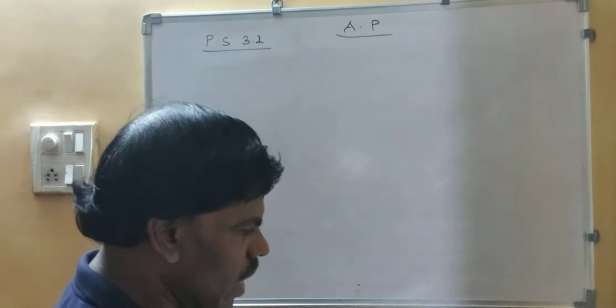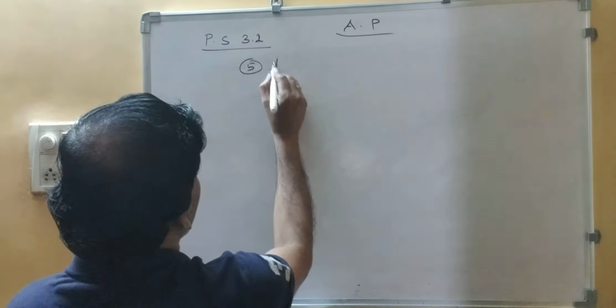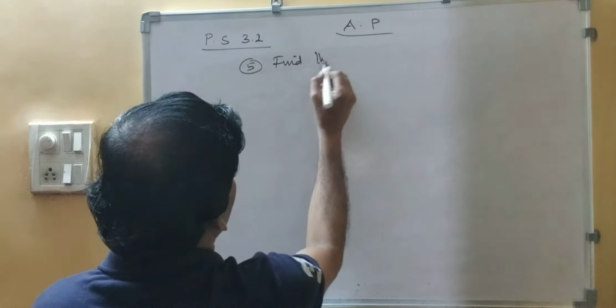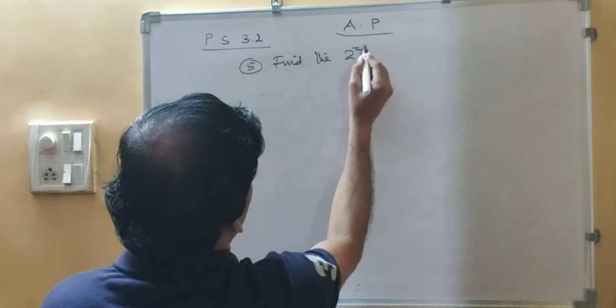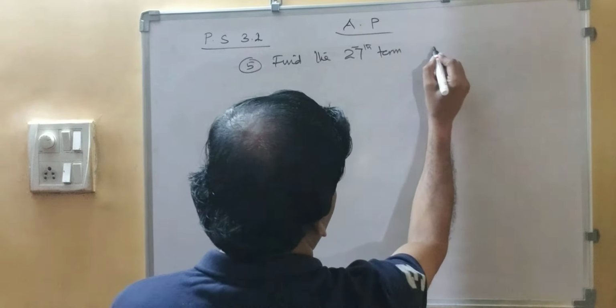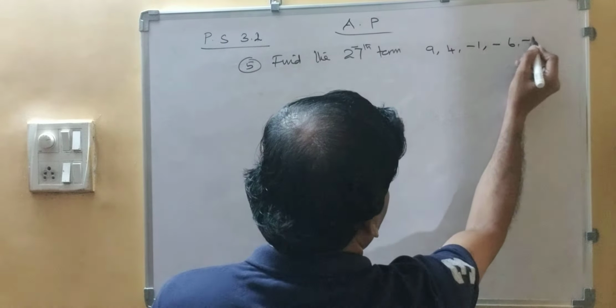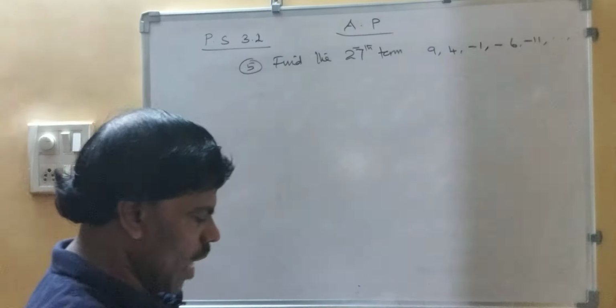Find the 27th term. Okay. Now fifth sum. Find the 27th term of 9, 4, and so on. Okay.